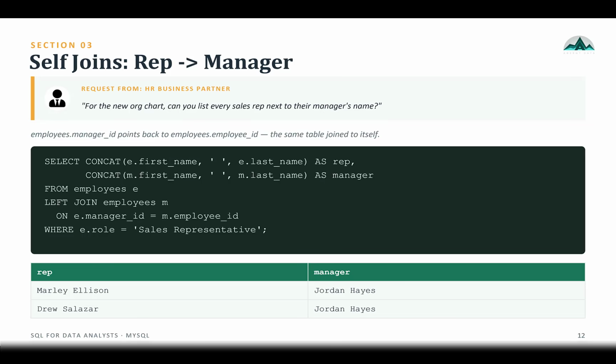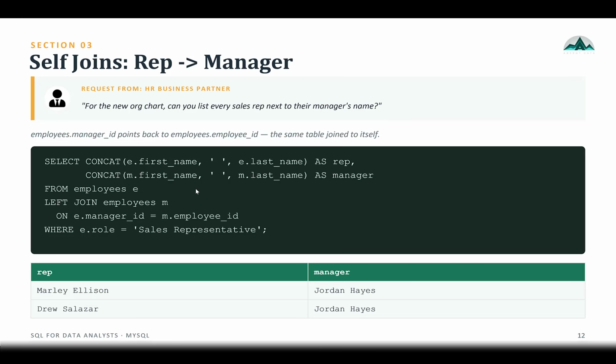Now, in this business request, it says for the new org chart, can you list every sales rep next to the manager's names? That's what we did. However, we didn't identify sales reps, and you can see here we can easily do that with a where. Now, there's no aggregation happening here, so we use where for the filter.